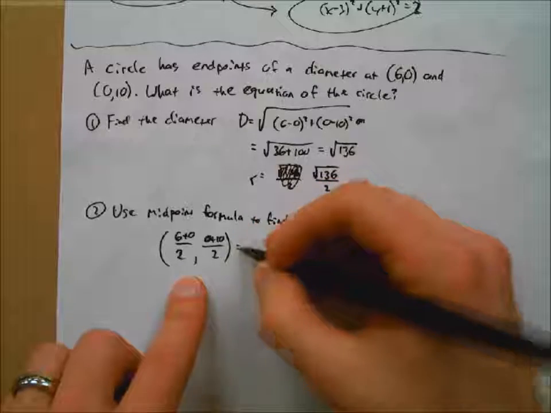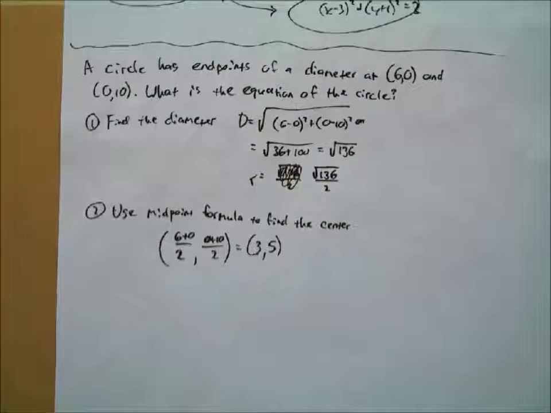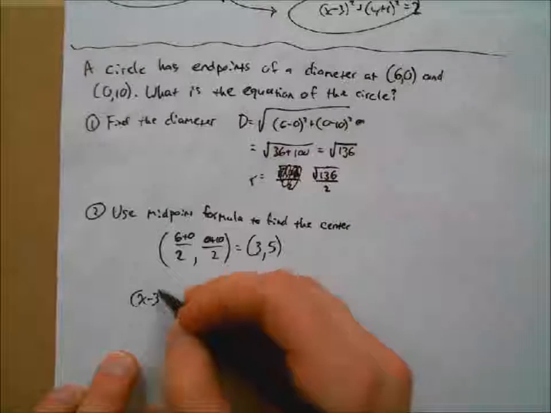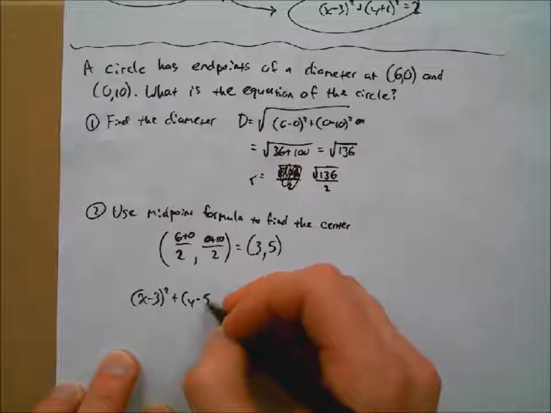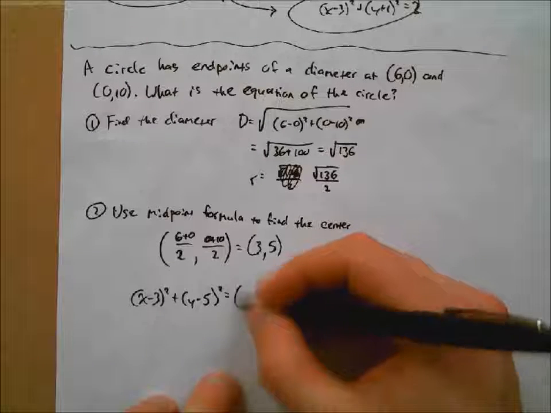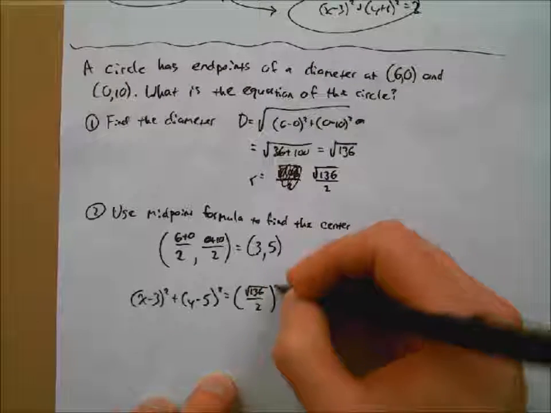And so that becomes then 3, 5. All right. And then we can write the equation of the circle. X minus 3 squared plus y minus 5 squared equals r squared. So the square root of 136 over 2 squared.